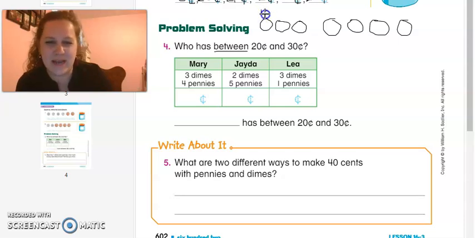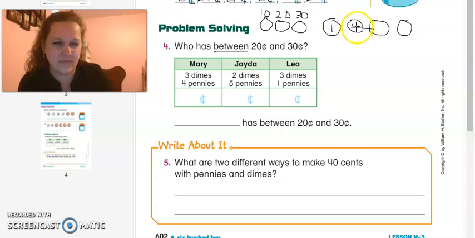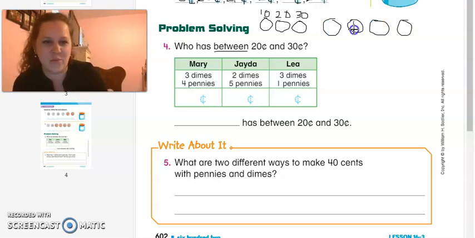So we have 1 dime is 10 cents. Another dime, if we count by tens, is 20 cents. Another dime is 30 cents. Now remember, these are pennies, so these are each only worth 1 cent. So I'm going to draw 1 inside just to give you a better picture. And I'm going to keep counting on from 30 now.